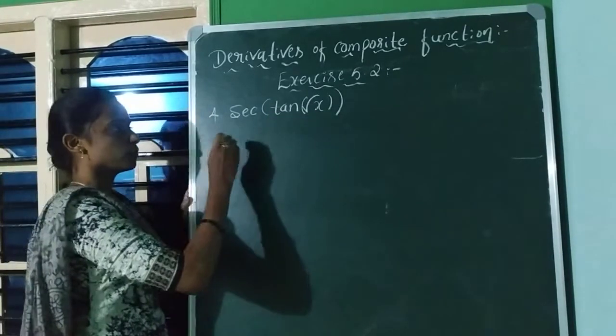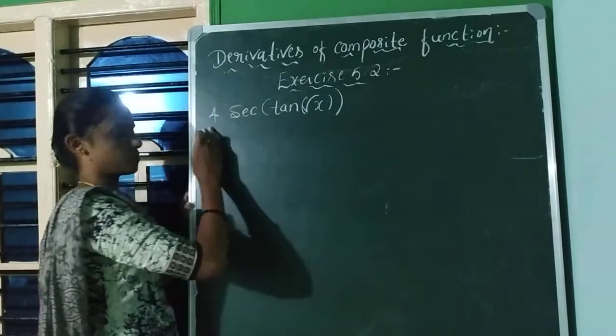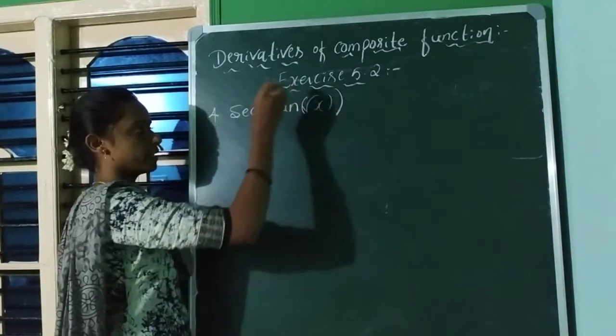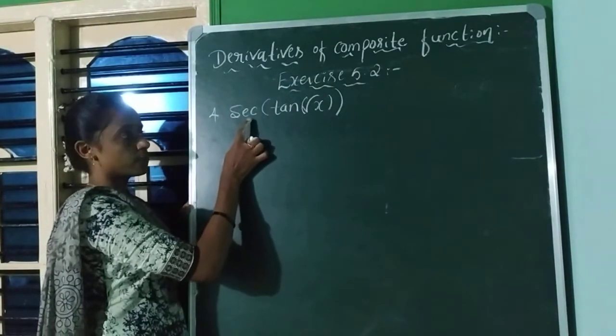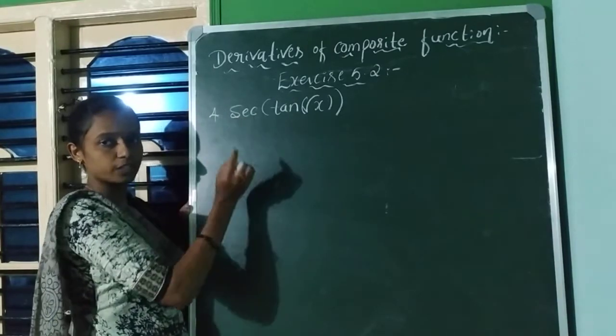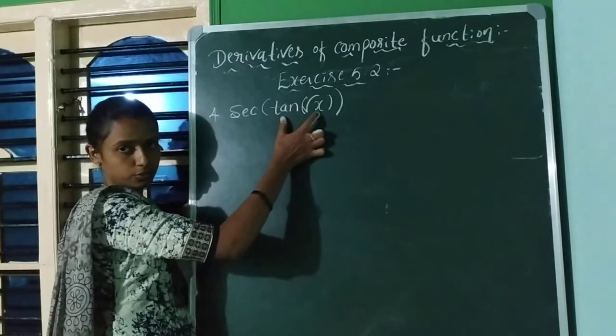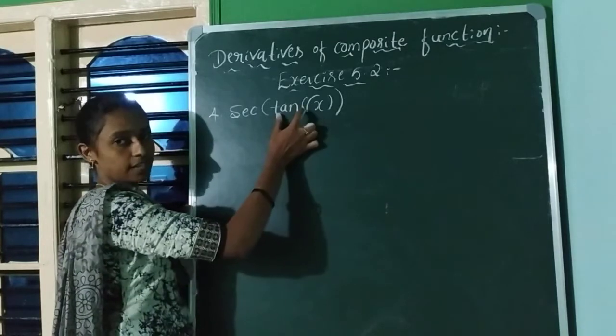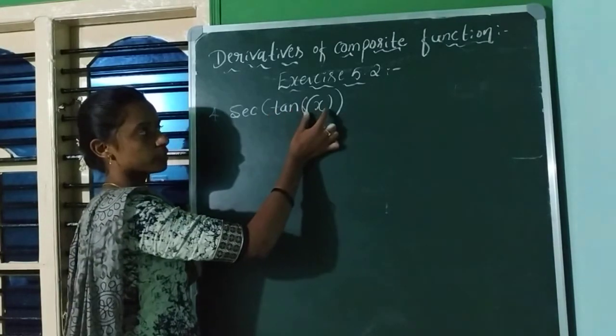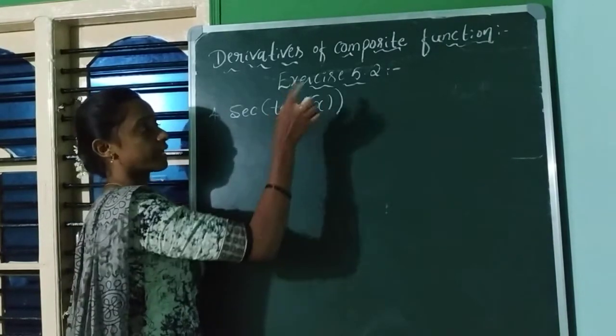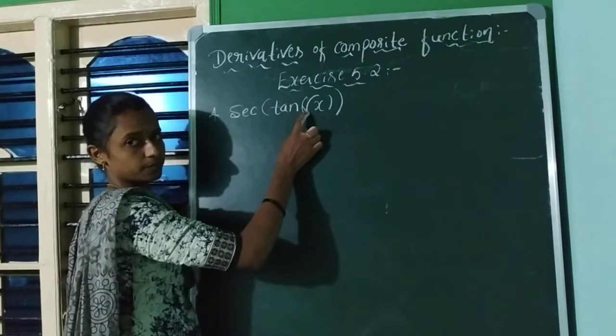So now we know the derivative of all the three functions. This is a composite. Differentiate secant first. For this derivative you need to write the variable as these two. Again differentiate tan. For a tan derivative you need to write the variable as this. Again differentiate root x.